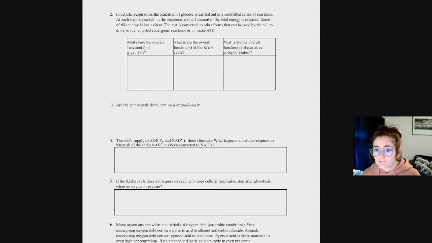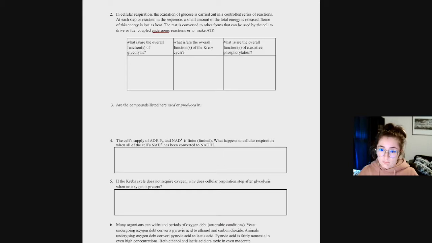The rest is converted to other forms that can be used by the cell to drive or fuel coupled endergonic reactions to make ATP. Last week we identified endergonic as energy consuming reactions, which means that this energy can be used to build things or can be used to make ATP, the energy that's released.